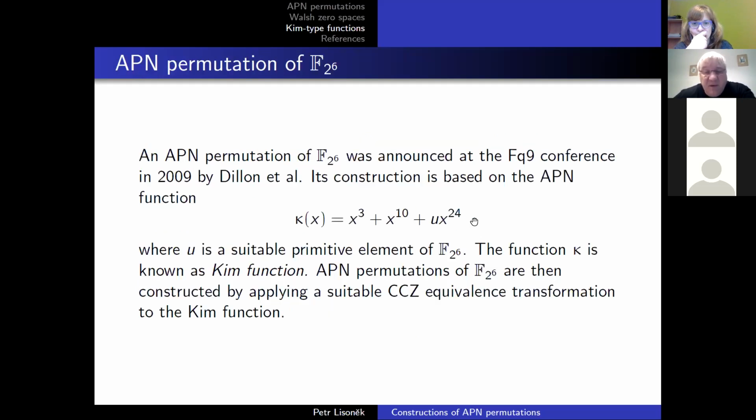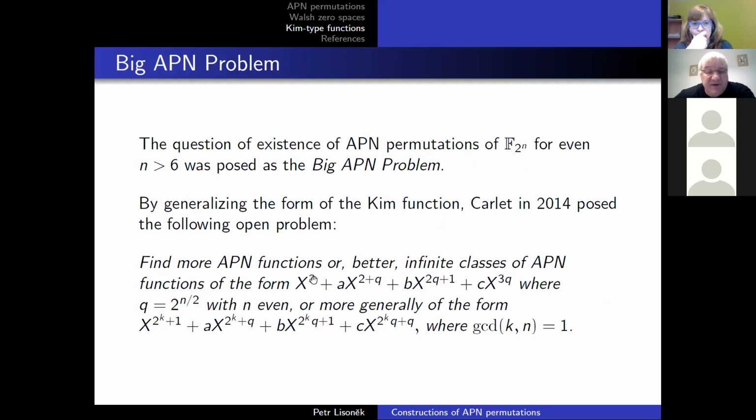So people were looking at the form of the trinomial that was used initially. It turned out that you can have a quadrinomial, so one more term. So there's the general form. People were wondering, could a function in this form be CCZ equivalent to a permutation?